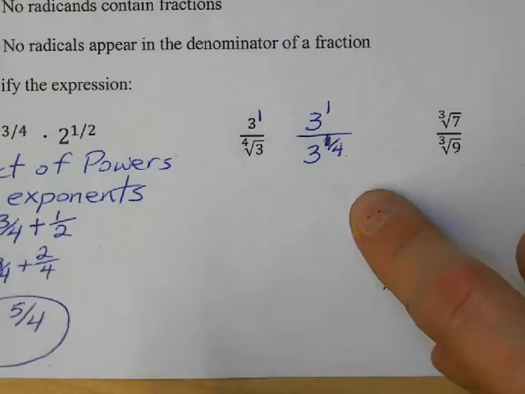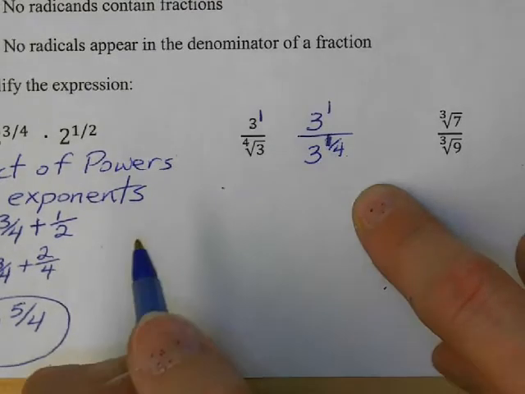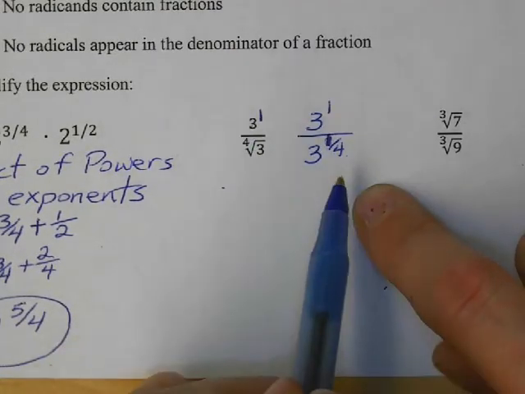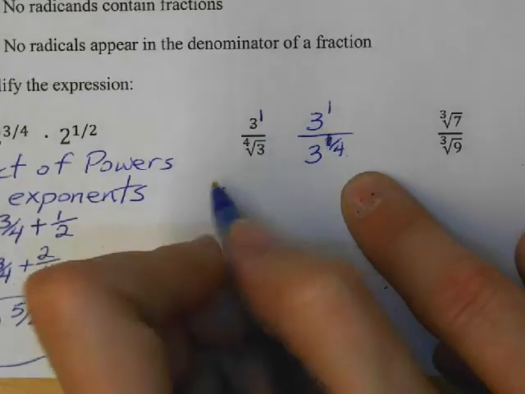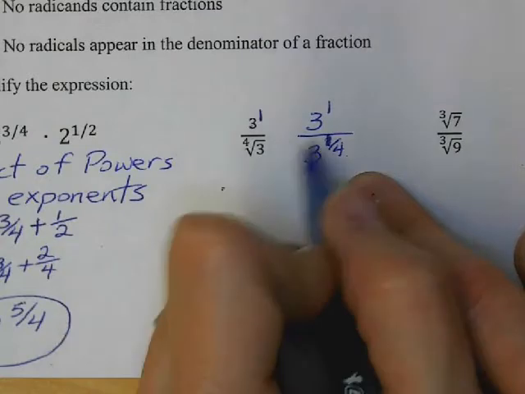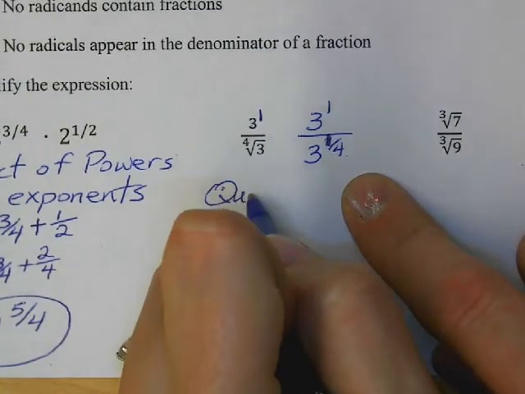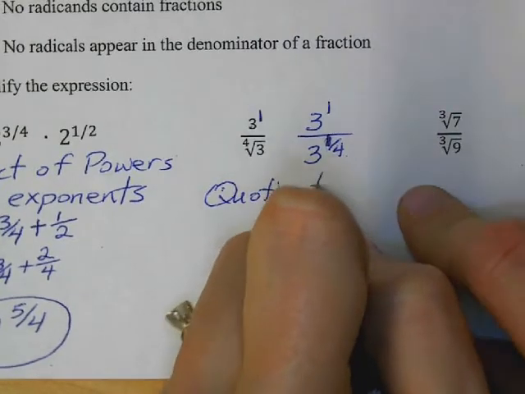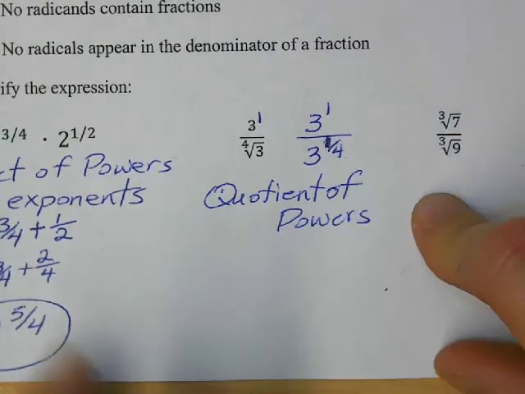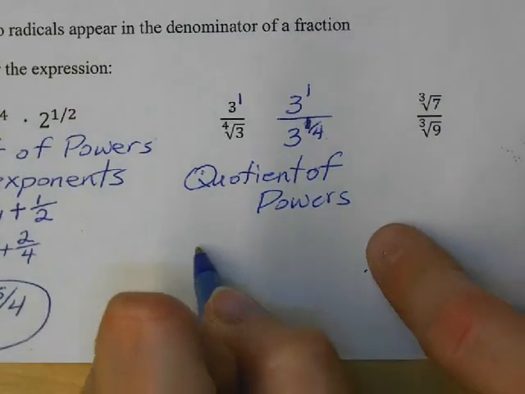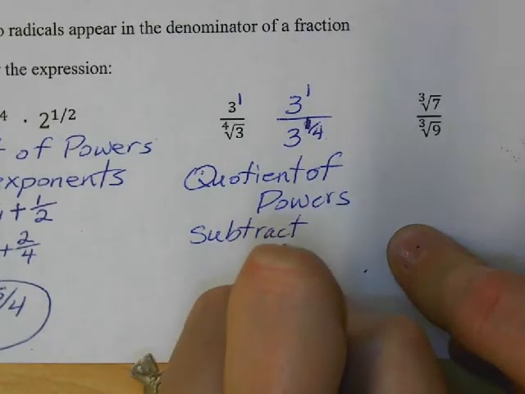So then this is a fraction one. This one, if you look above, we did one like this. Do you know the name of this kind? Or do you know what to do with these? Good job. It's quotient of powers. Quotient of powers. So what are we going to do? Yep, you're going to subtract the exponents.